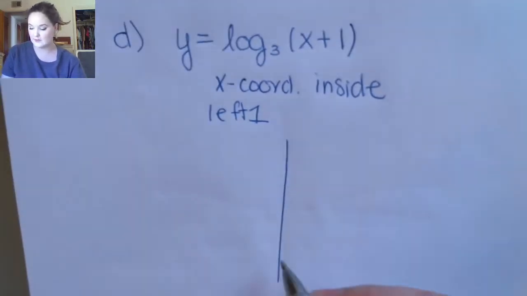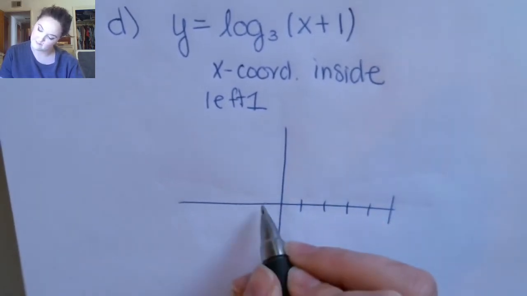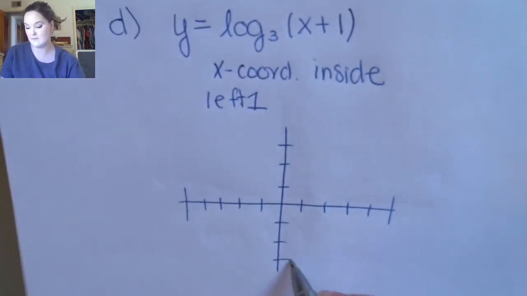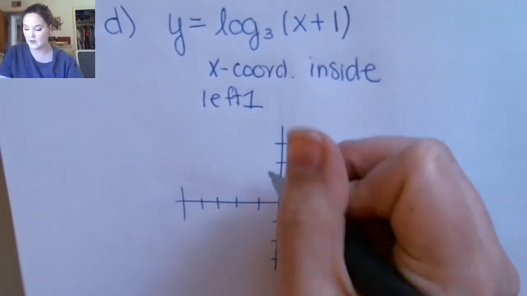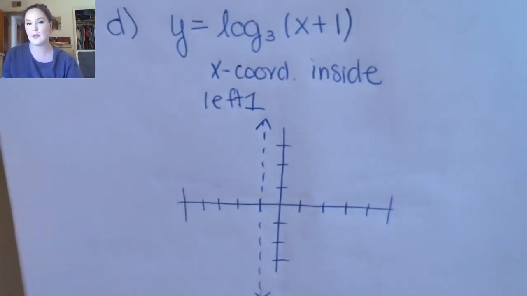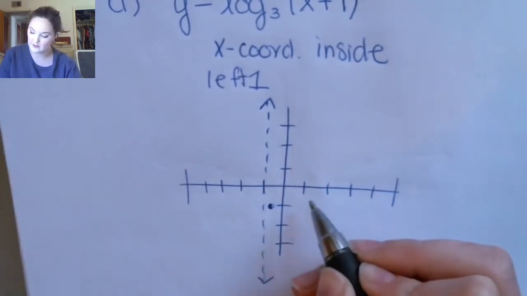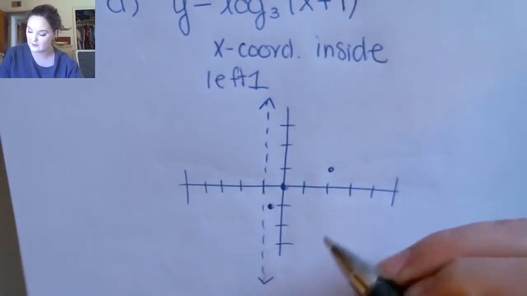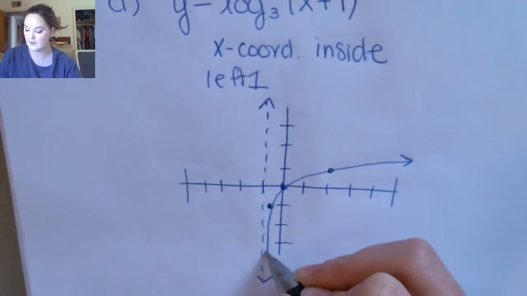So let's look at our graph. We're going to move our dotted line from 0 to -1 because we're moving it left 1. We're going to move the point that was at 1/3, -1 left 1, the point that was here left 1, and the point that was at 3, 1 left 1. And this is what my new graph will look like.